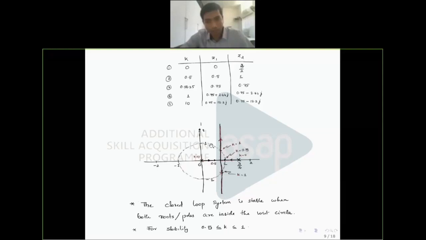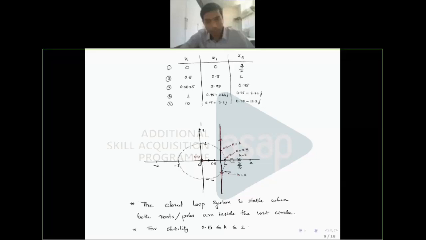So for what values of gain K will the closed loop poles remain inside the unit circle? When K is equal to 0, one pole is inside the unit circle, but another pole is not. So K equal to 0 is not a stable point for the closed loop system.